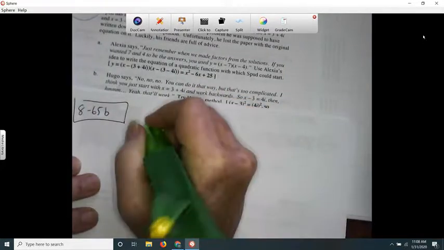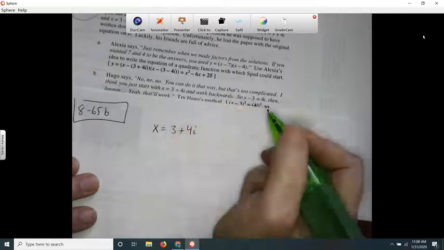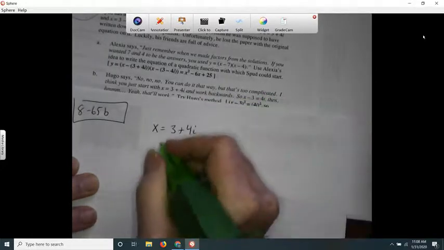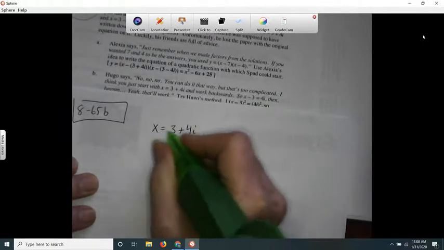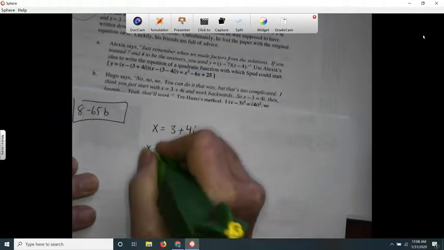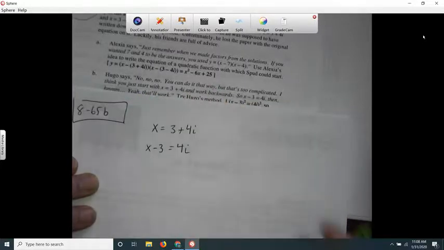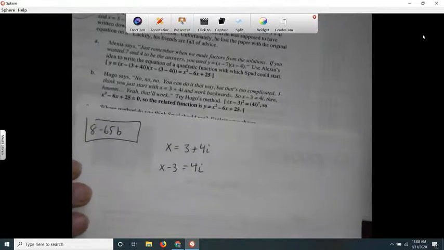Hugo is saying on 8-65b, he's saying x equals 3 plus 4i and works. So he's giving us the first part of it. If that's true, I guess if you subtract 3 from both sides, we get x minus 3 equals 4i.